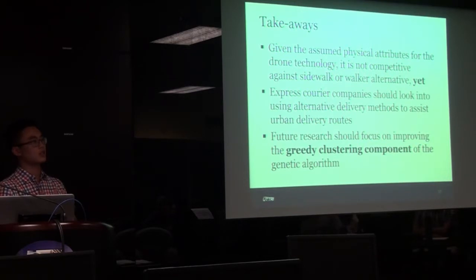Depending on how this industry develops and matures, and if we can create even bigger savings for the transport costs or lower the capital cost, and more crucially expand the capacity of a drone, this might be a viable alternative delivery solution in the future. Nevertheless, express courier companies should look into how adopting a movement synchronized alternative technology can help with their day-to-day operation, because it does create route savings and capital cost savings.